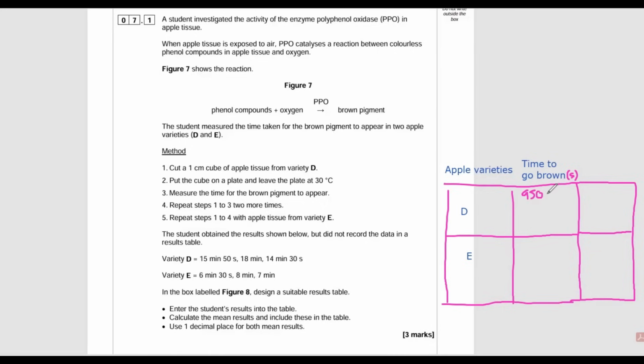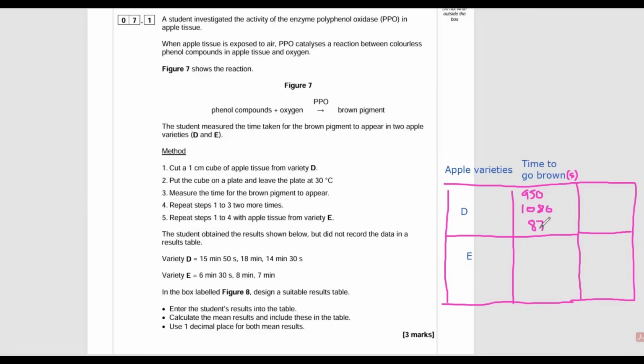I don't need to write the unit because it's in my heading, and that's the beauty of putting your unit in the heading. Then I want to do 18 times 60, and that gives me 1080 seconds. Again, I don't need to write the unit. It's in the heading if you put it properly. And then I want to do 14 times 60, and that equals 840, but I need to plus 30 because it was 14 minutes and 30, and I've got 870 seconds.